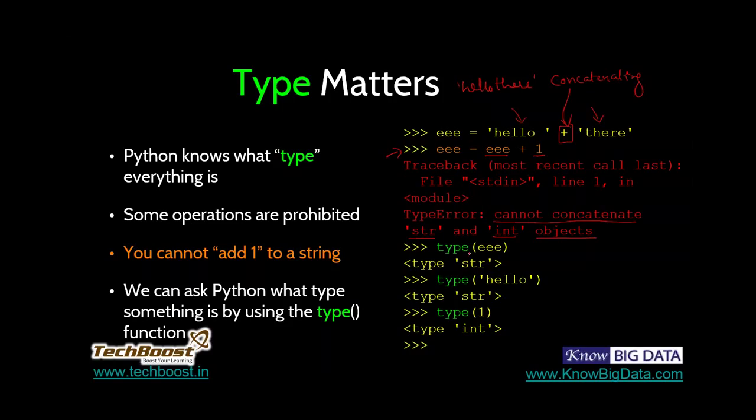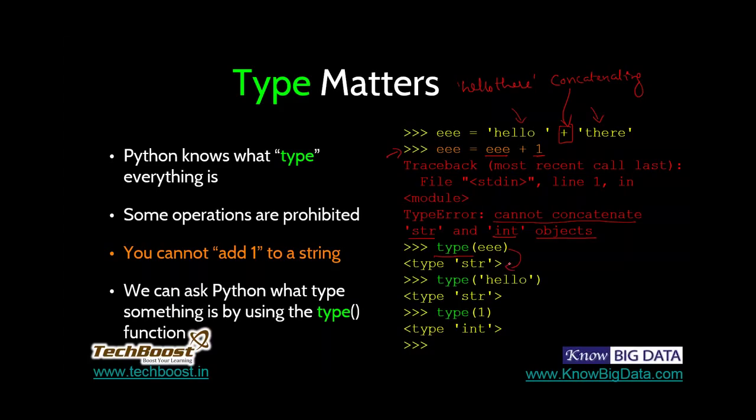Let's see what is the type of the data which the variable holds. The type function gives you the type of the data. You need to give type, and in brackets you give the data for which you want to test the type. And this particular type gives me str.